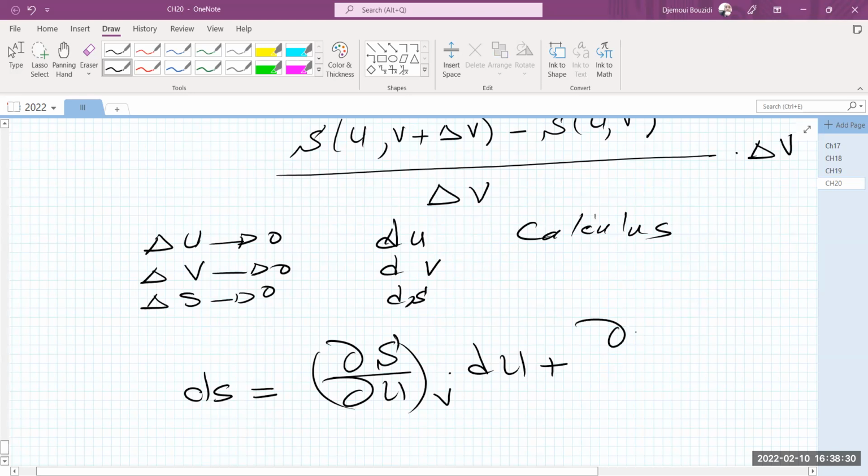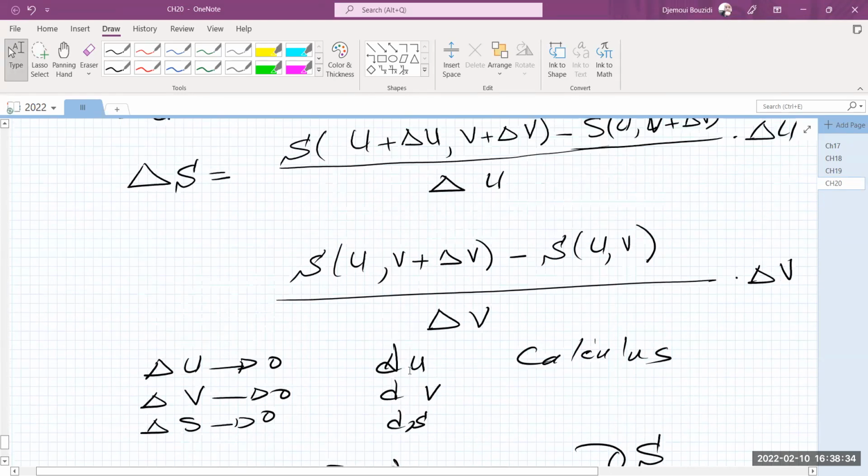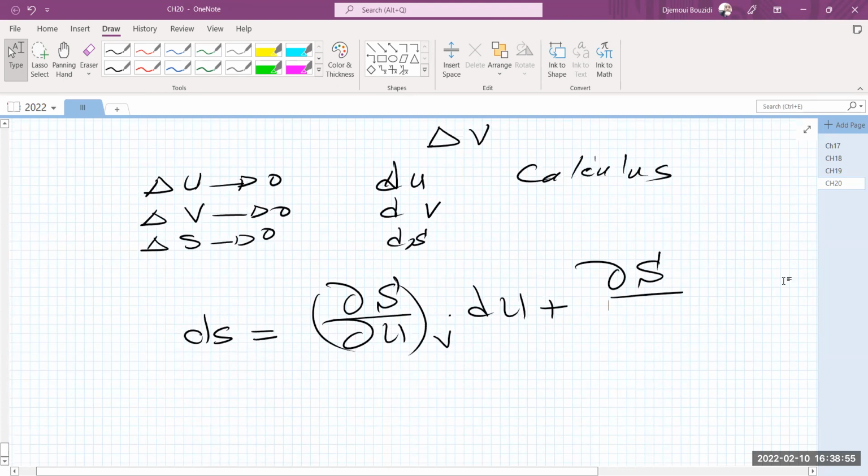Plus the derivative of the function s, again, for the same reasons, but with respect to v now. u stayed the same, however delta v changed now. So this number is becoming smaller and smaller, and this becomes smaller and smaller, and the ratio is by definition the derivative, the slope of the function at that point, okay? Obviously this delta v becomes a dv, that's all.